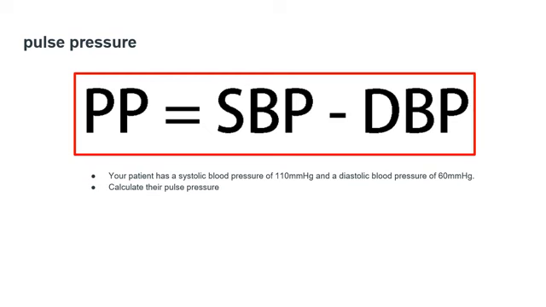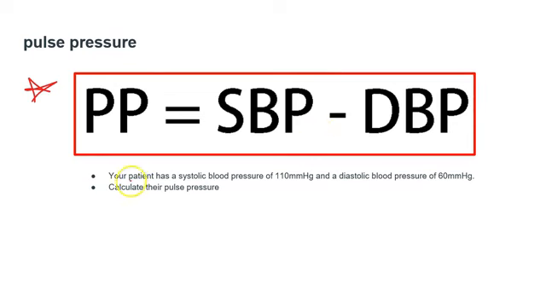The healthy pulse pressure is around 40 millimeters of mercury, and the equation is very simple, but you have to know this. If the question asks you to calculate the pulse pressure, you need the systolic blood pressure and diastolic blood pressure, and just get the difference between these two numbers.